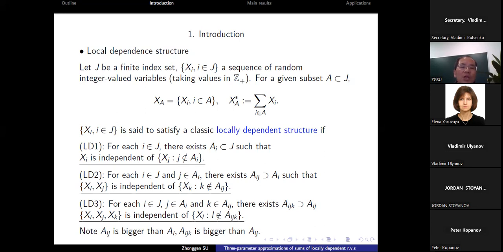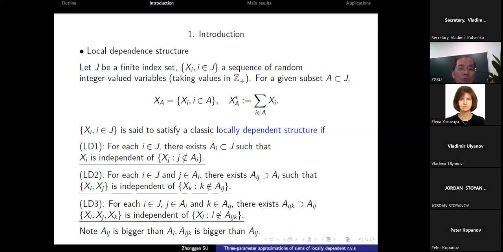And for each i and j in Ai, there is a bigger subset Aij such that Xi and Xj are independent of Xk, k outside Aij.